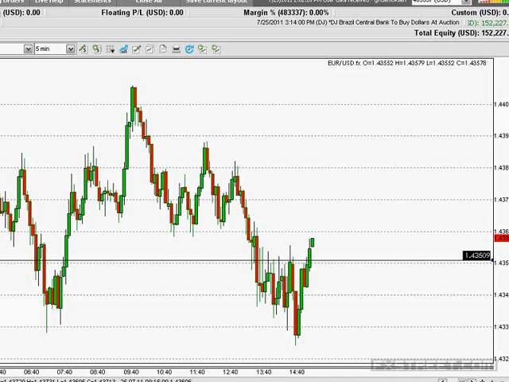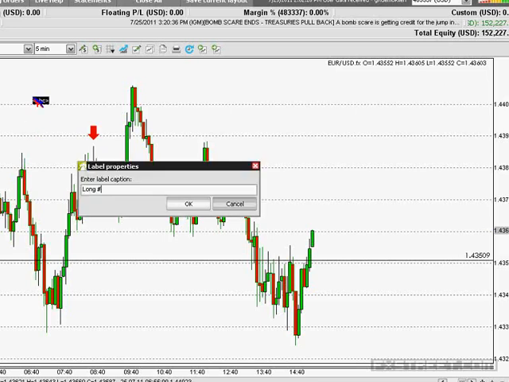Let me lay out some arrows for you here. So we would have gone long at 143.80. Let me make this font big so everyone can see it. Alright, long at 143.80.